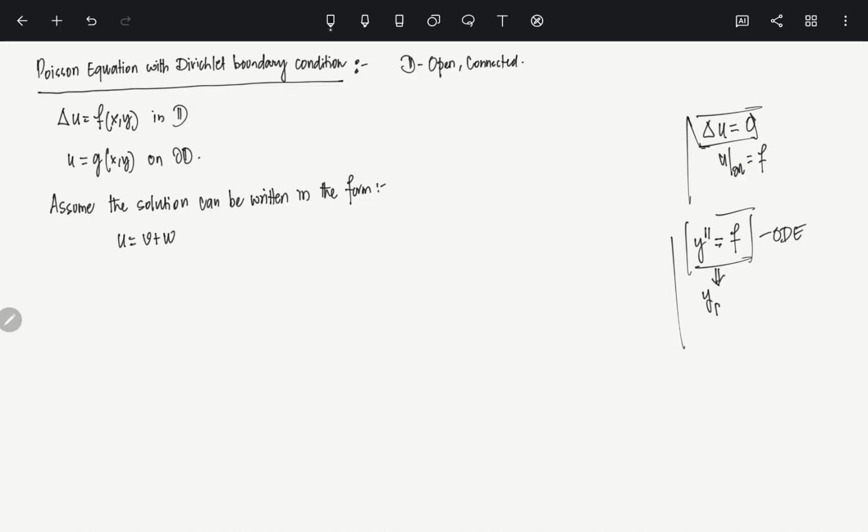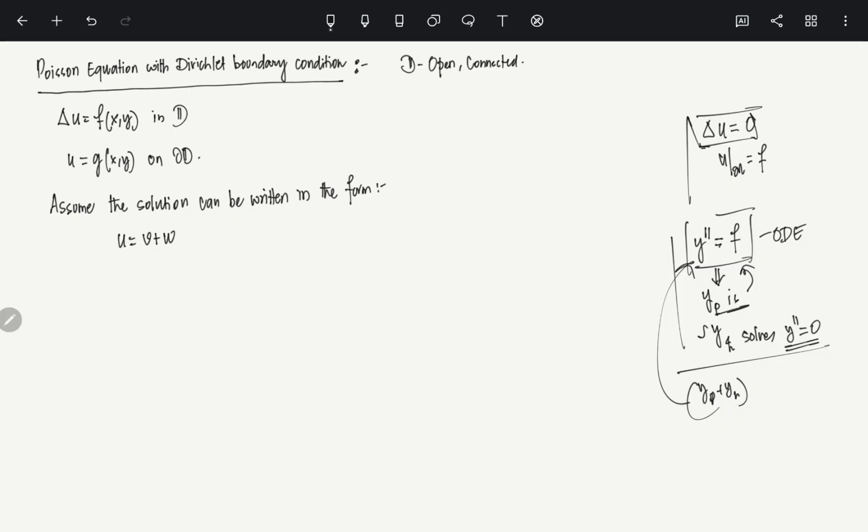Let's say yp is a particular solution, and yh solves the equation y double prime equals 0. Then yp plus yh, where yh is the general solution of the homogeneous equation and yp is the particular solution of our original equation, solves this problem.